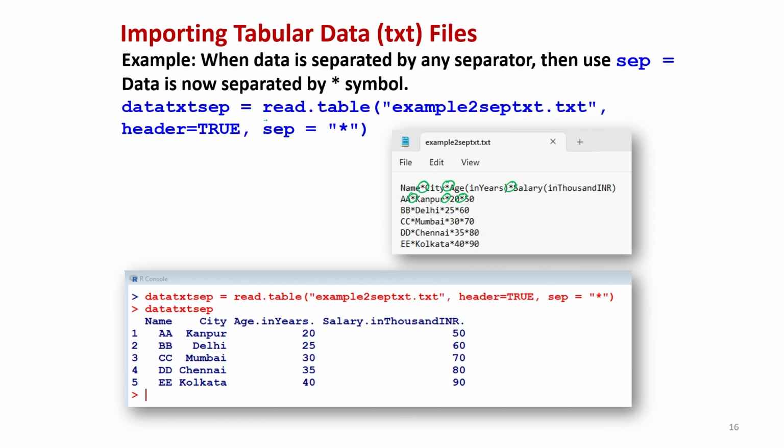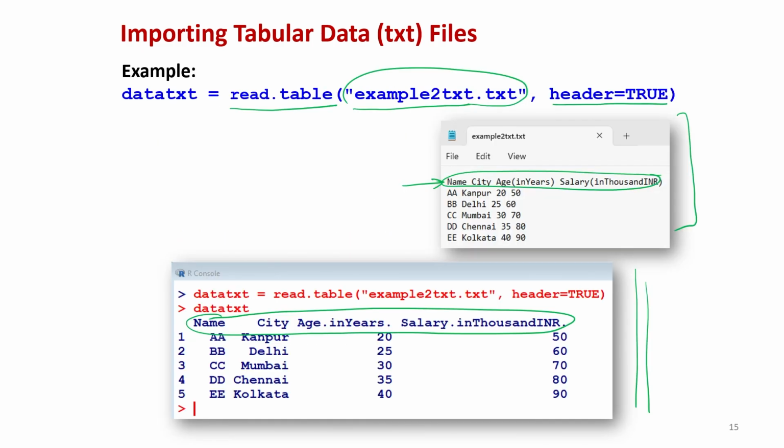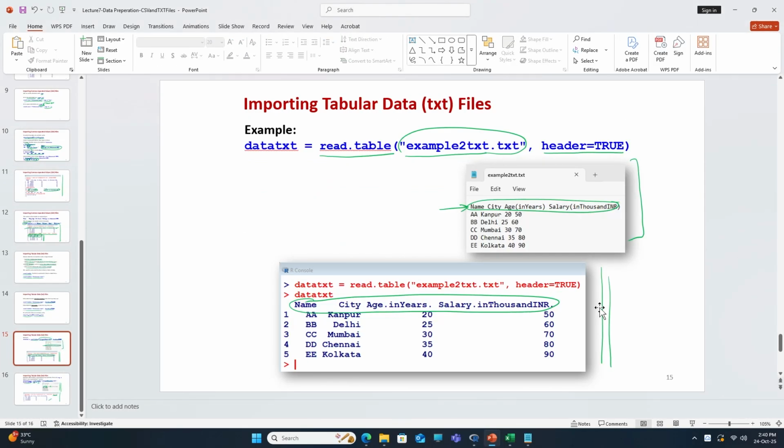I try to use the same command read.table with the file example2sep.txt, and header is equal to true, and sep is equal to, within double quotes, star. So this is my file, and you can see that when I read it on the R console, it comes out like this. So you can see it is possible to get this data very easily in the R software also, and without any problem.